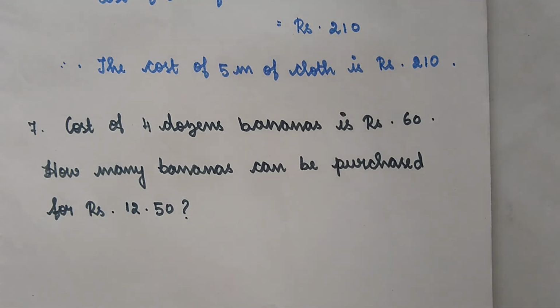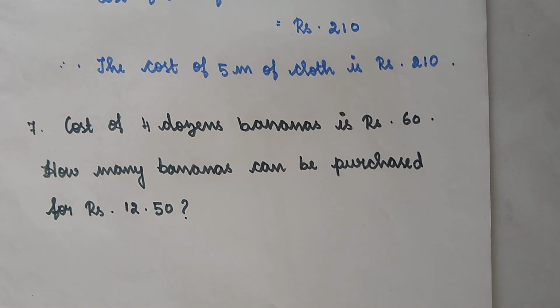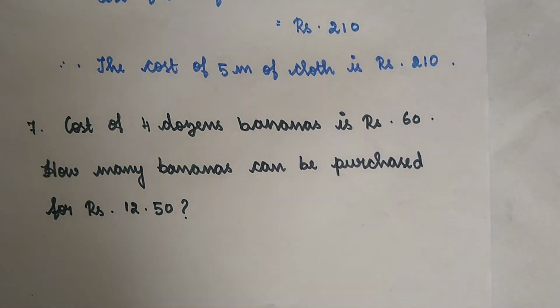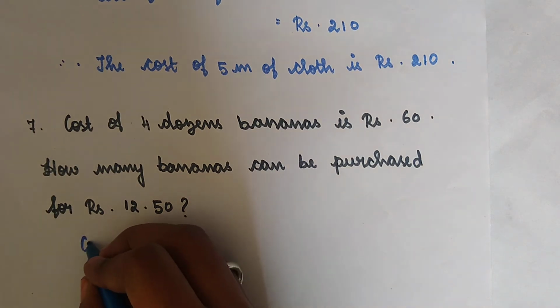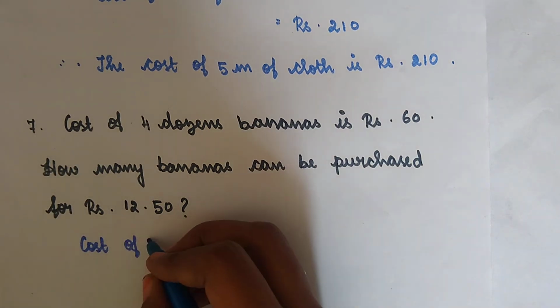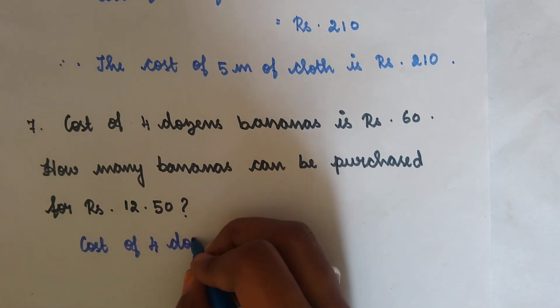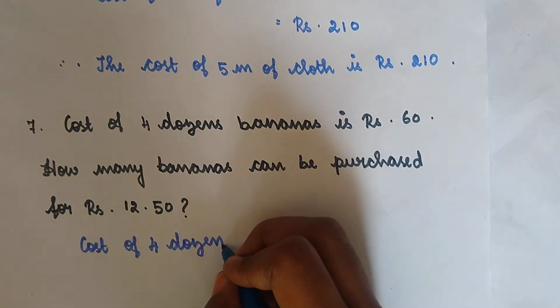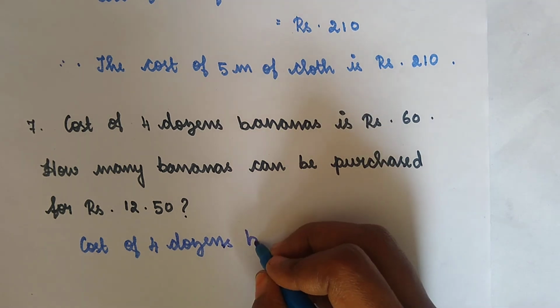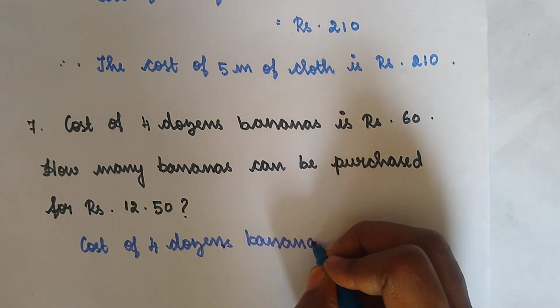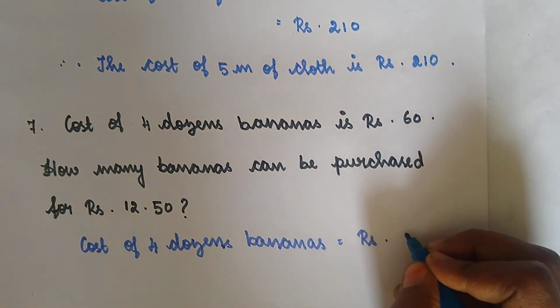Here what is given? Here given is the cost of 4 dozen bananas is rupees 60. So in this sum we have to find how many bananas can be purchased for rupees 12.50. So first we have to rewrite the given part. Given part of this sum is cost of 4 dozen bananas equal to rupees 60.